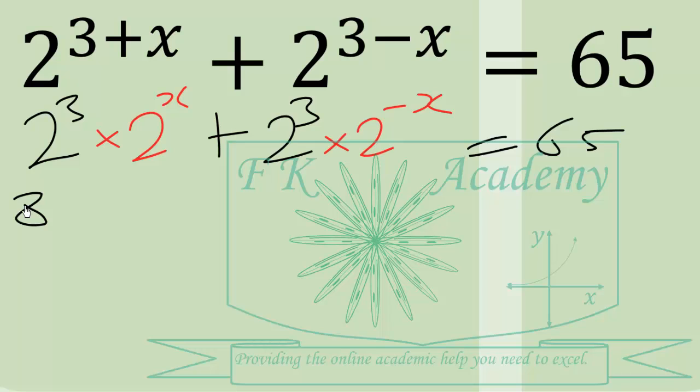So we have 8 times 2^x, then we have another 8 times 2^(-x), and this is giving us 65.